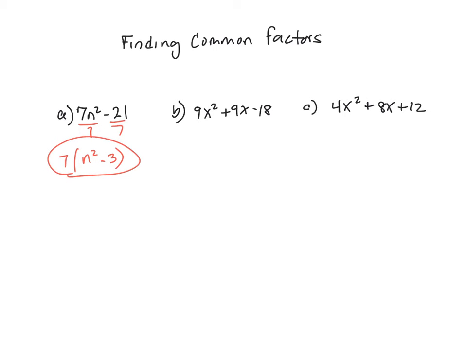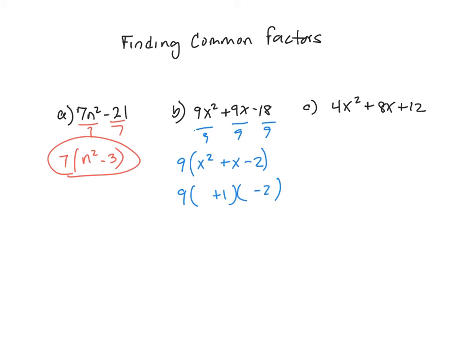For b, we have 9x squared plus 9x minus 18, and one factor that I have in common is 9, so I can factor out a 9 from each one of those terms. If I factor a 9 out, I would have 9 times x squared plus x minus 2, and I should be able to factor my trinomial there. I know that factors of negative 2 are a positive 1 and a negative 2.